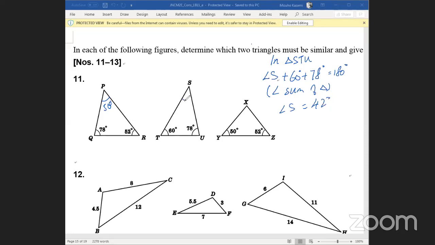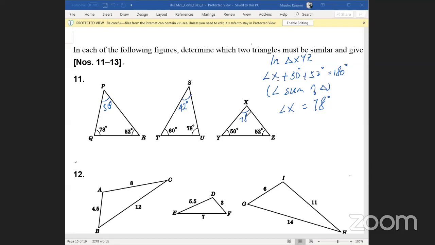After you have found this one, it means you know that this angle is 42 degrees. Then we will do the same for the last one. We are talking about XYZ, and angle X is missing. 50, 52. Therefore in this case, angle X is 78 degrees.